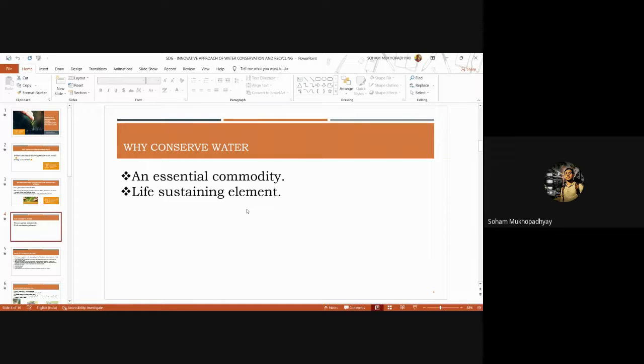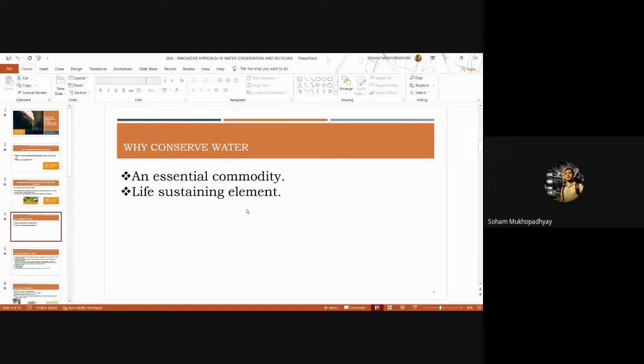Water harvesting in a broad sense is defined as the collection of runoff for its productive use. It is possible to harvest rainwater from roofs and ground surfaces, or from intermittent or ephemeral streams.